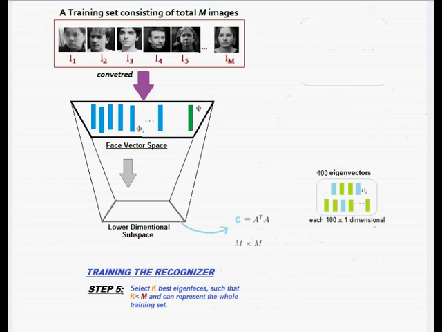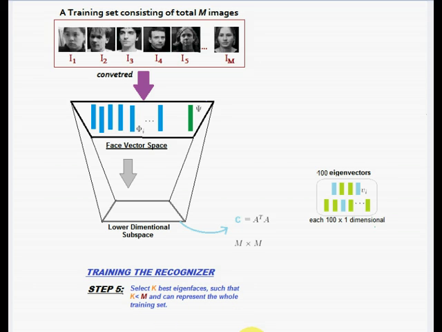Okay, moving on. The next step in training the recognizer, we're not done yet. We have found the eigenvectors in the reduced space. Now what we need to find is to select the K best eigenfaces such that K is less than M and can represent the whole training set.